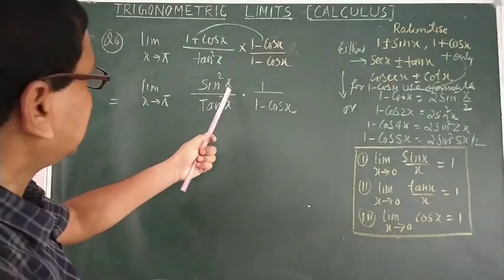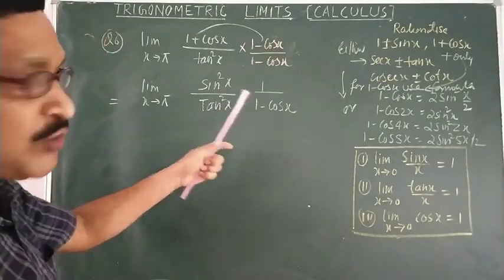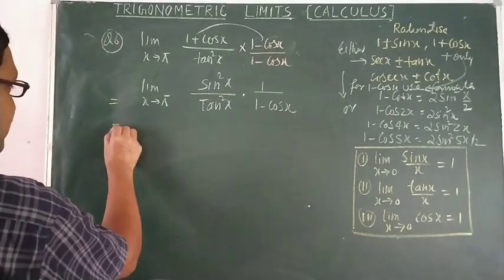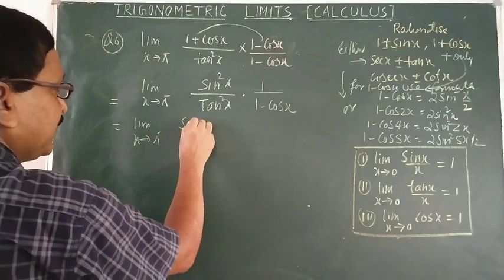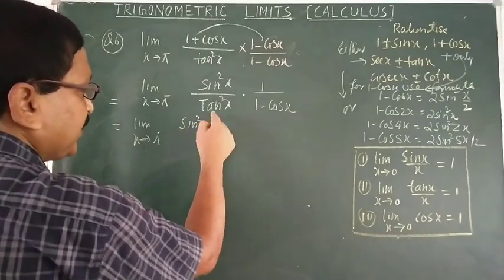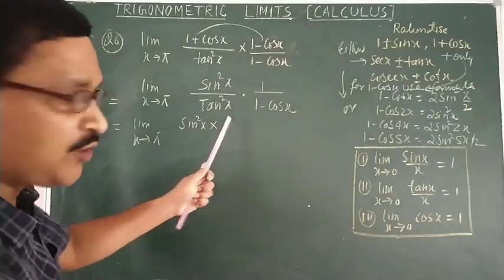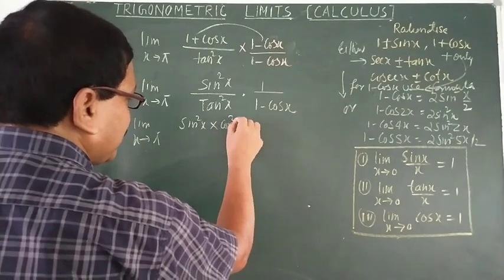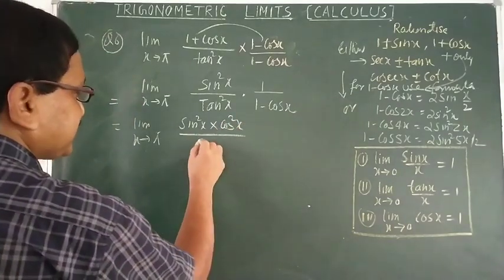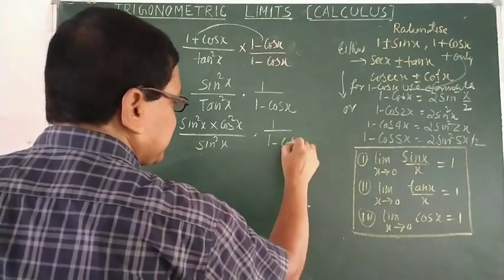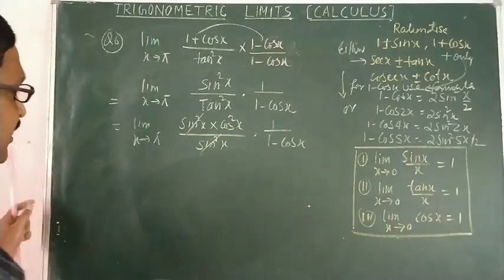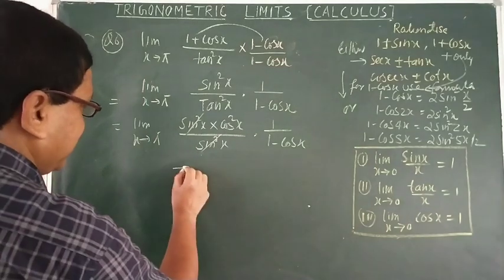Now just see. अब हम लोग sin square x by tan square x कुछ कटेगा, काट दीजिए. Limit x tends to pi sin square x into tan square x is sin square x by cos square x. Cos square x will go to numerator by sin square x into 1 by 1 minus cos x. Sin cancel. Now put the value directly.